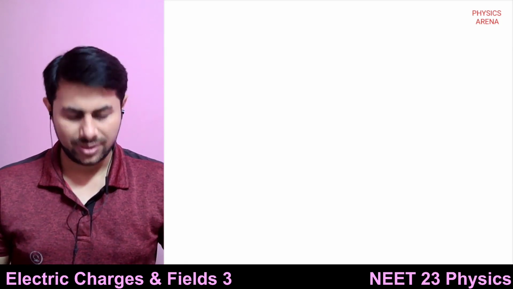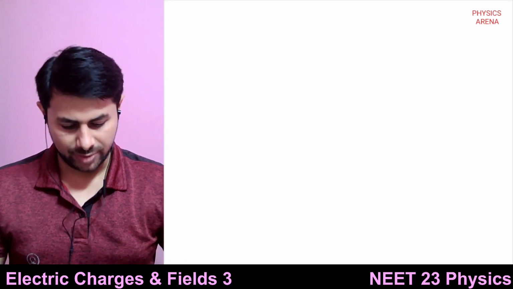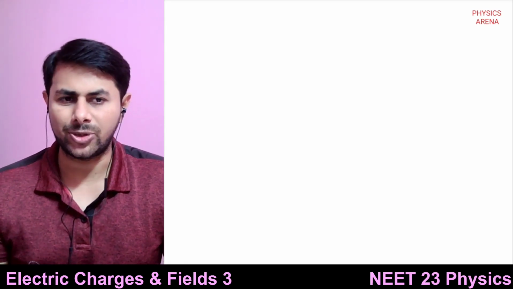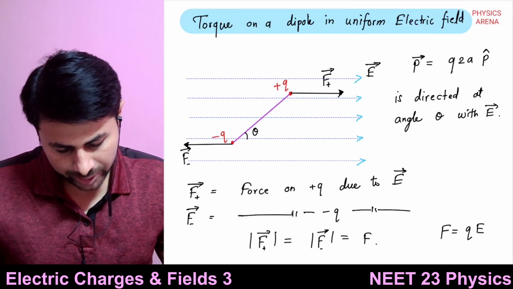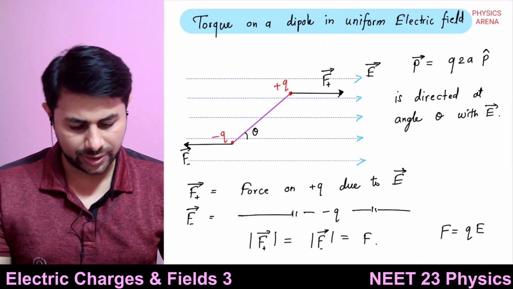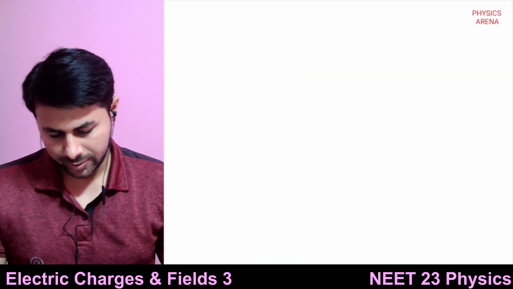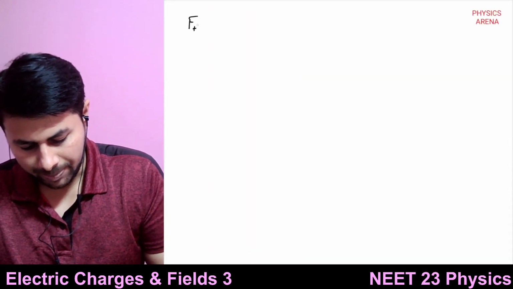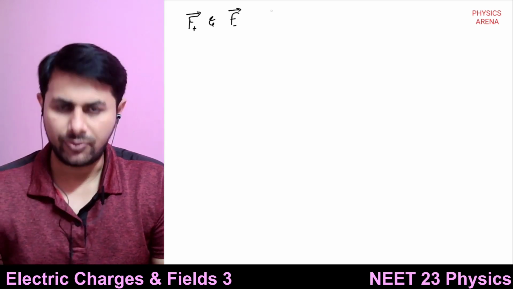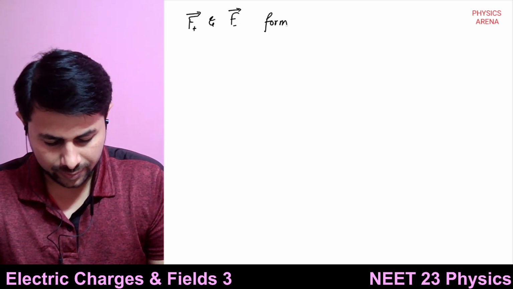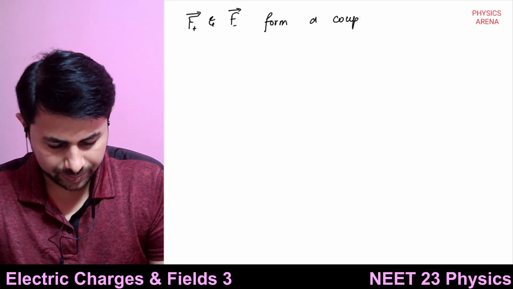And a couple rotates a body, it creates purely rotational motion, right? So now how much would be the torque due to this couple? I can say F plus bar and F minus bar form a couple.